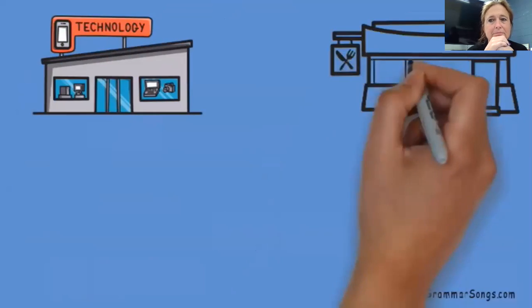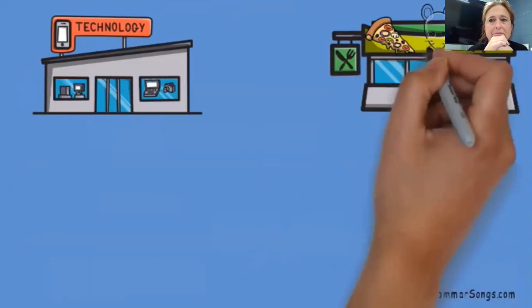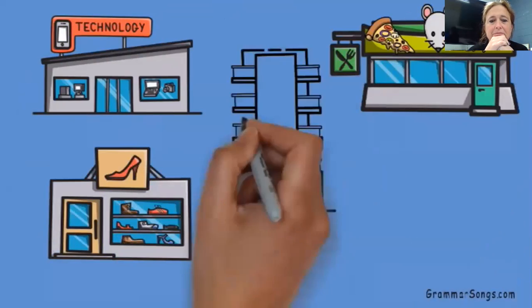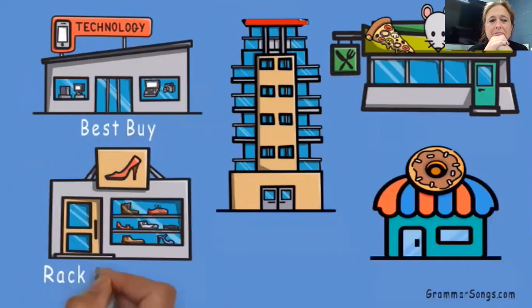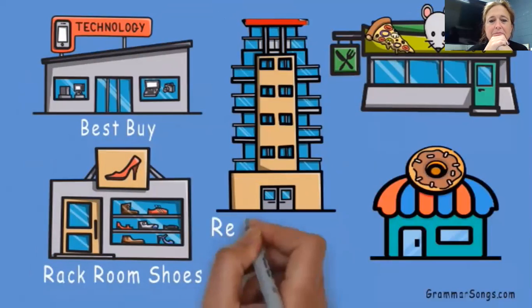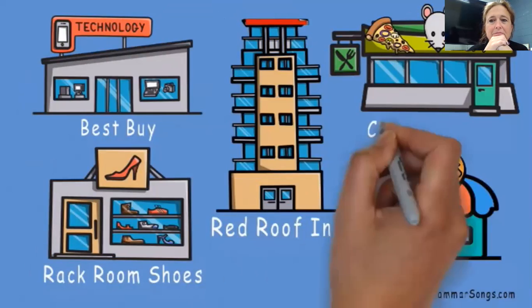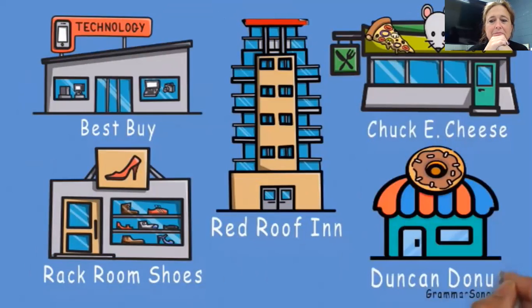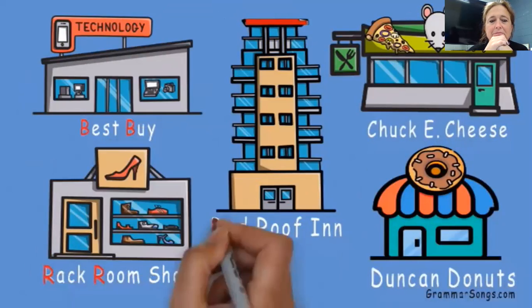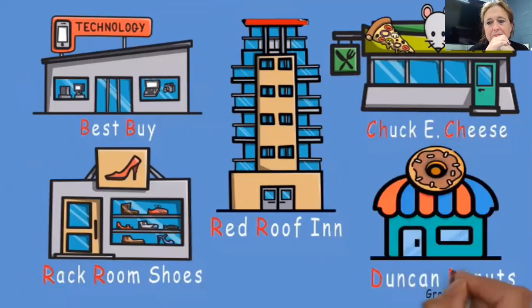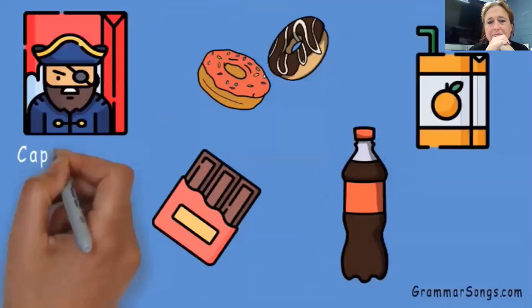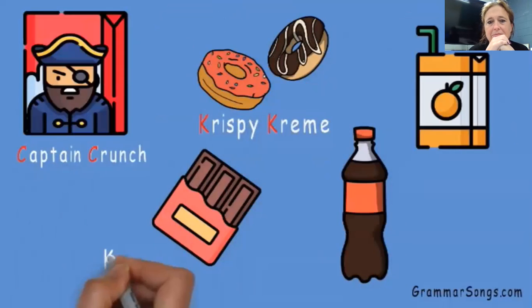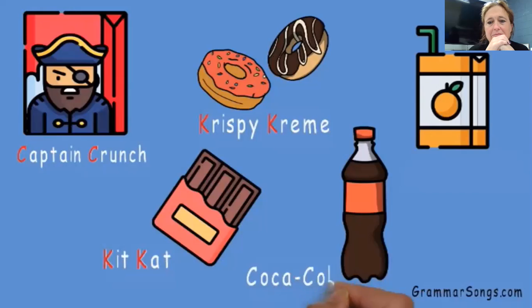Alliteration is also used as a marketing tool because the repetition of sound can make products and businesses so memorable. You have probably heard of stores like Best Buy and Rack Room Shoes, hotels like the Red Roof Inn, and restaurants like Chuck E. Cheese and Dunkin' Donuts. The alliteration or repetition of initial sounds is apparent. There are examples of alliteration every day in products we see, like Captain Crunch, Krispy Kreme, Kit Kat, Coca-Cola, and Minute Maid, just to name a few.